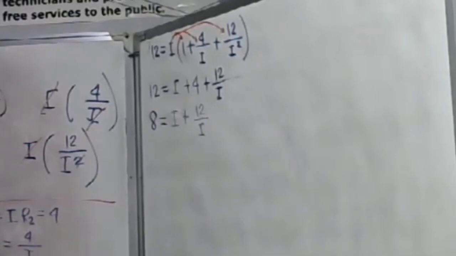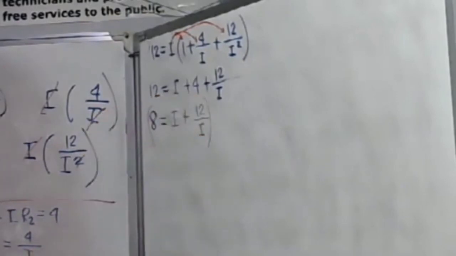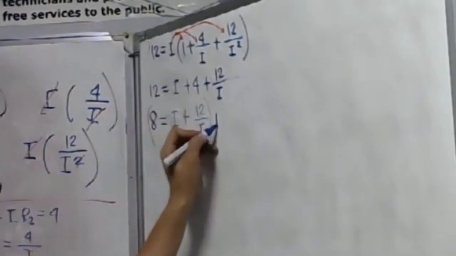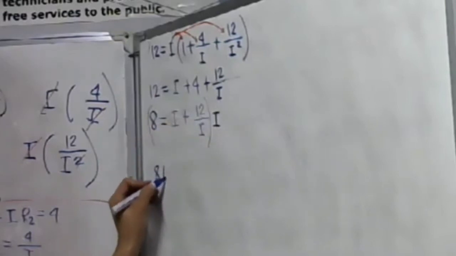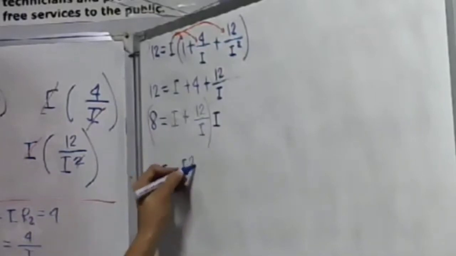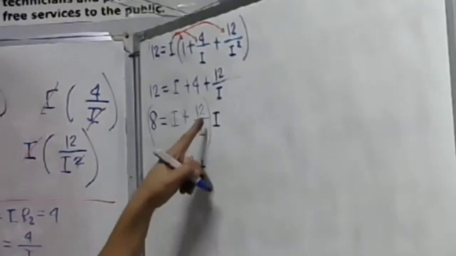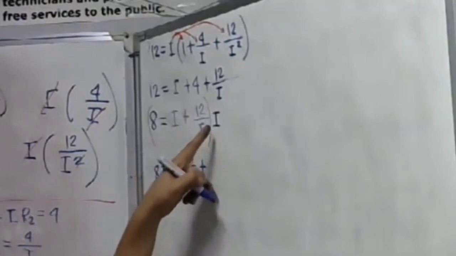Let us multiply this by I, both sides. 8 times I, simply 8I, is equal to I times I, that is I squared, plus 12 over I times I, that will cancel out, right?